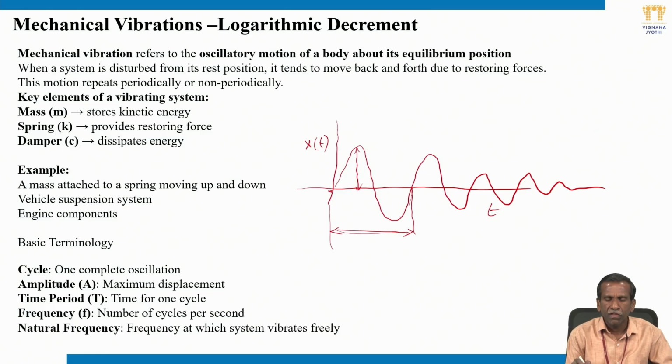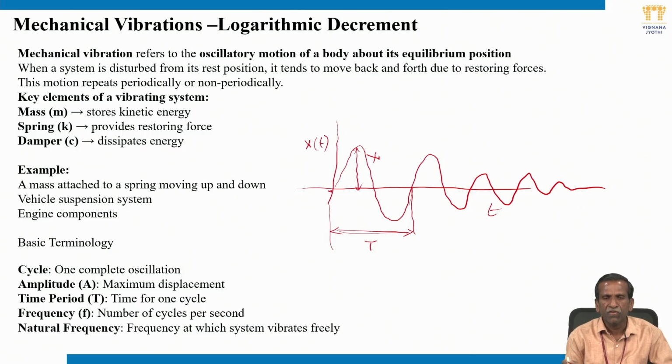Similarly, amplitude is the maximum displacement, this one is the maximum. We have denoted it with the uppercase letter X, as we saw yesterday in the relation. Time period is the time for one cycle. What is the time required for this one cycle? This is the time period. Then frequency is the number of cycles per second. How many cycles this oscillatory motion has per unit time is called frequency.